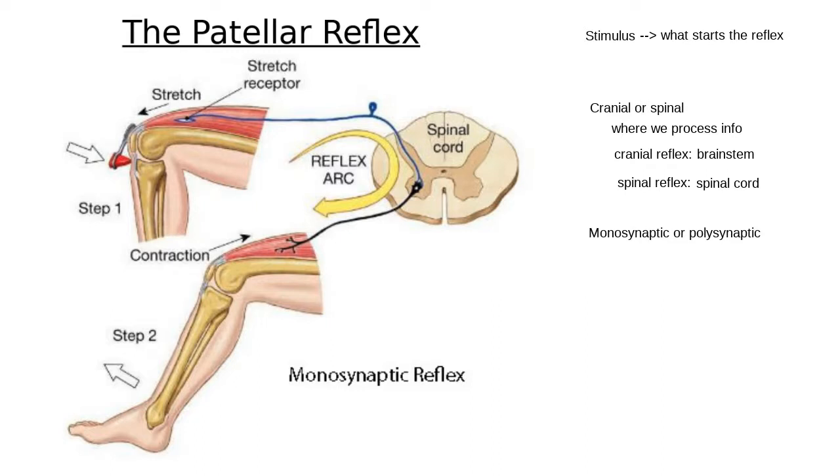Monosynaptic or polysynaptic. When we talk about this way to classify reflexes, it's all about synapses. Synapses. Can you remind me in the chat, what is a synapse? Or what happens at a synapse?